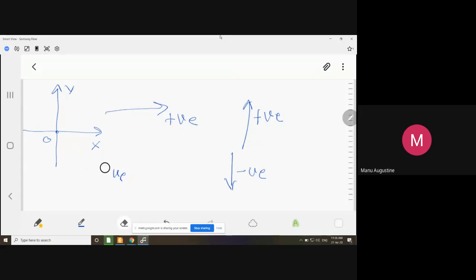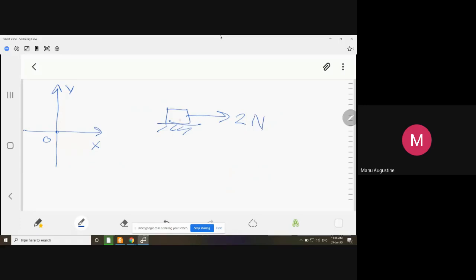Now, let us take the same coordinate system and let us take a small problem. There is an object lying on the floor. I am applying a force of 2 Newton and the object is actually moving in the opposite direction due to some already existing force which is not being discussed here.